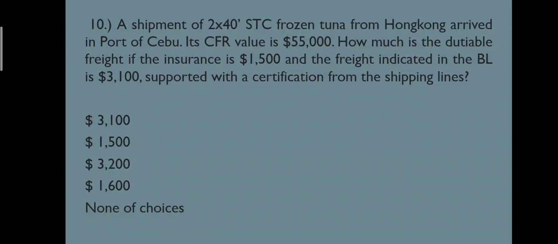Why rule number 7? What is the shipment? Frozen tuna. Rule number 7 is refrigerated shipments. It is frozen, right? So rule number 7 is applied.